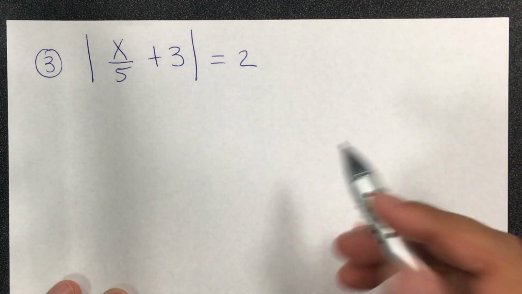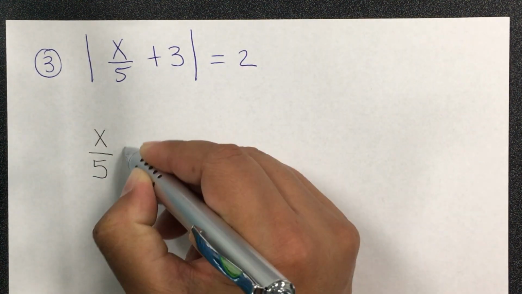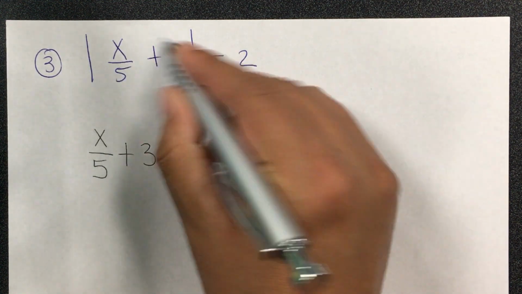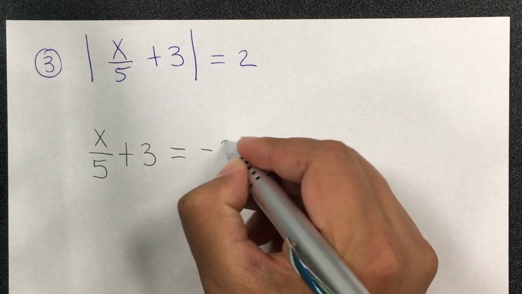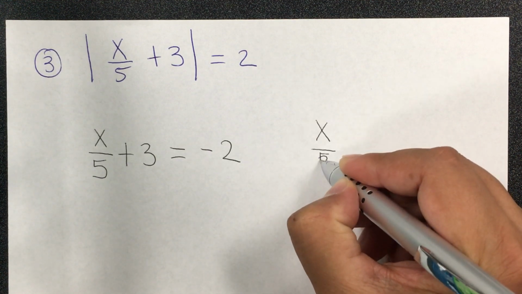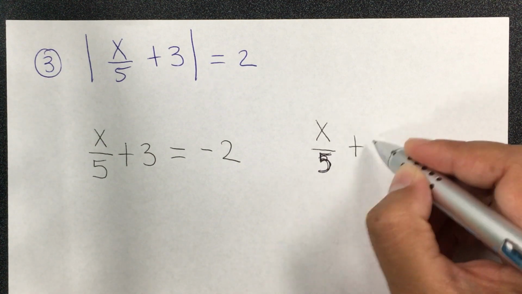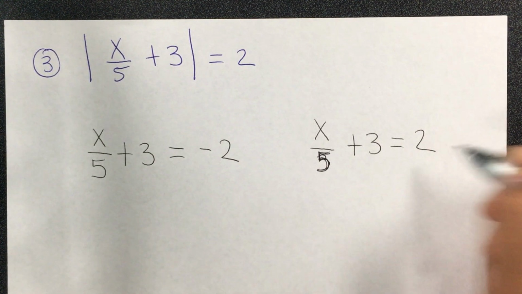Number 3. We have x divided by 5 plus 3 equals negative 2, and the same, x divided by 5 plus 3 equals positive 2.